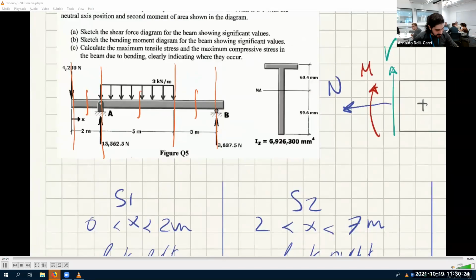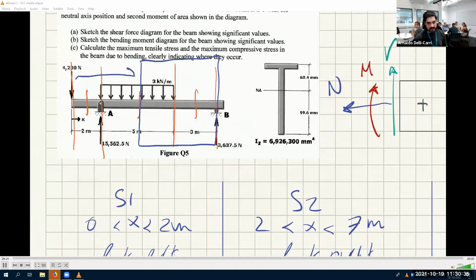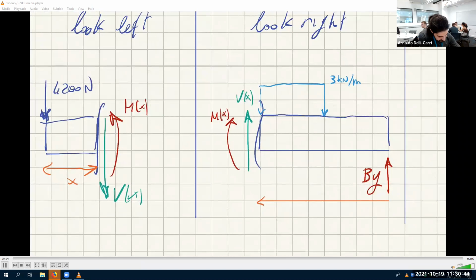Guys, look at this. I am drawing this part. How long is this part, given that this is x? 10 minus x. Oh, there you go. 10 minus x. Thank you very much. 10 minus x.